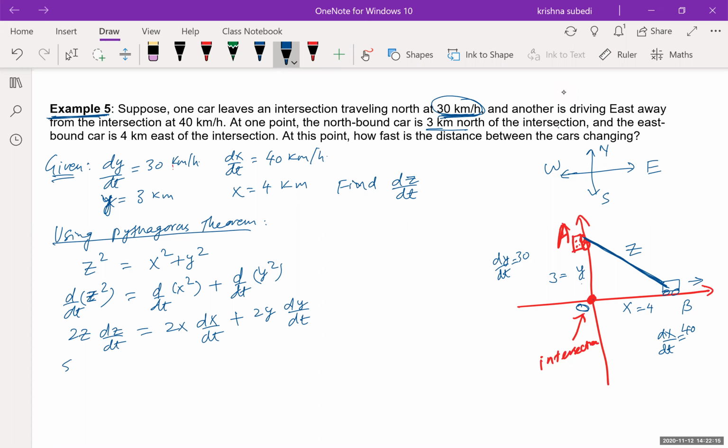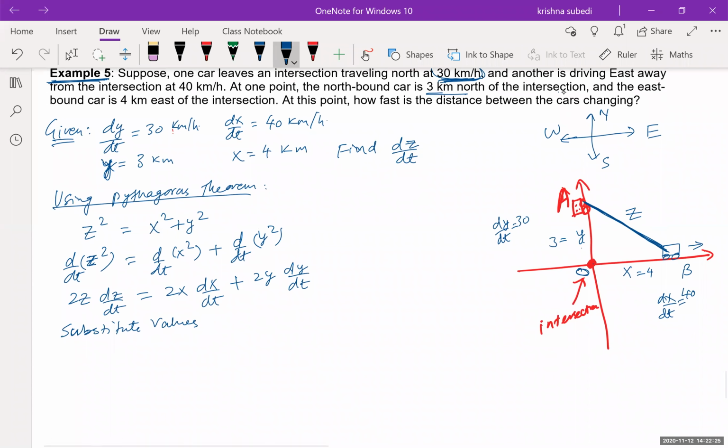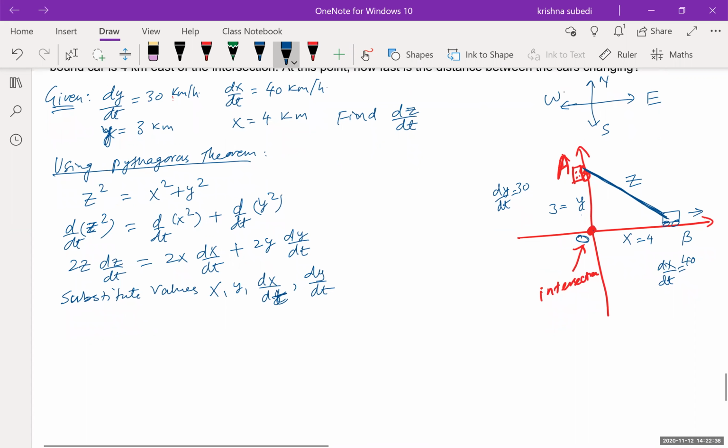Now step 5 is to substitute the values: the values of x, y, dx over dt and dy over dt, as well as z.